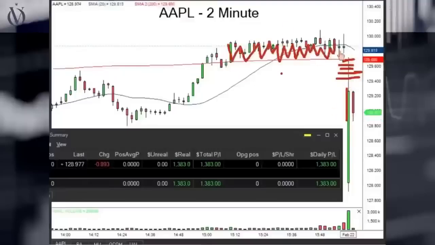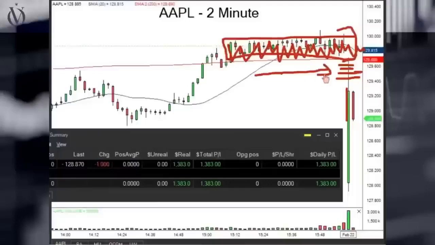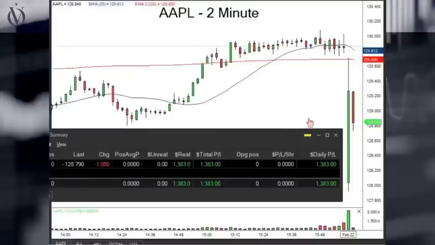As I was telling you, here's your resistance. That's your resistance zone. I was telling you, watch this area here. I want to see how it performs. And so I just put orders in now.